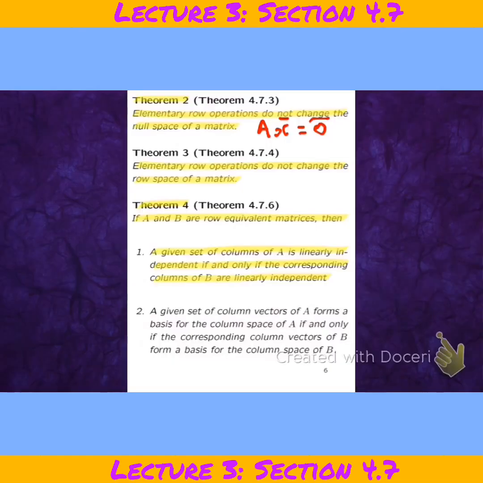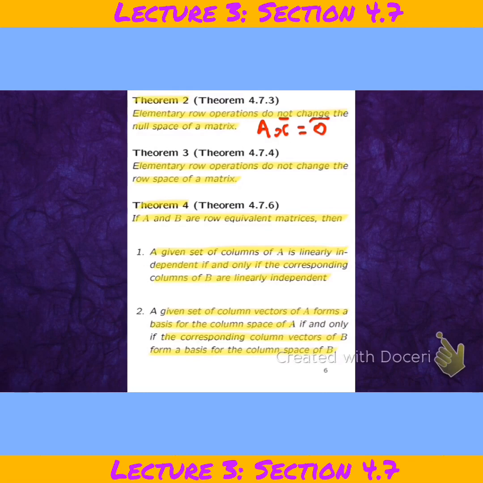Right, so the second part: if we're given a set of column vectors of the matrix A, and that set forms a basis for the column space of A, that happens if and only if the corresponding column vectors of B also form a basis for the column space of B. Right, so you can't have one without the other. That's if A and B are row equivalent. So again, I'm not going to prove this, but I'm going to just illustrate this quickly with an example.